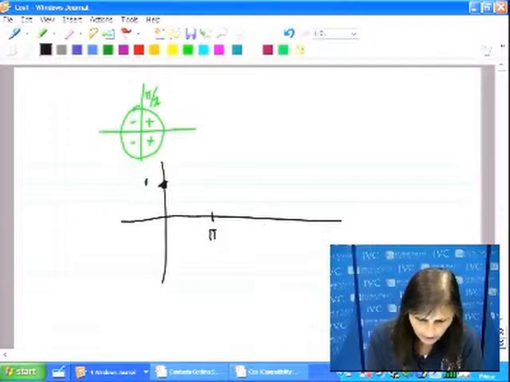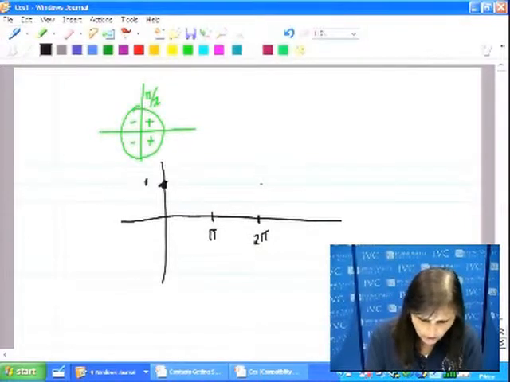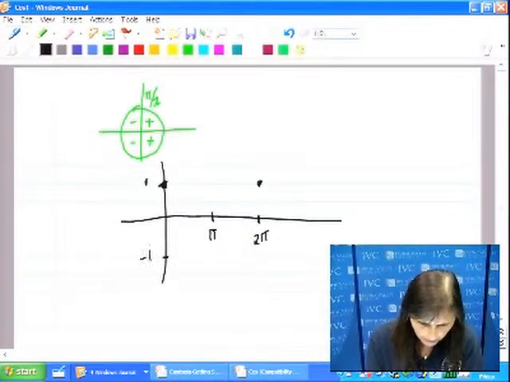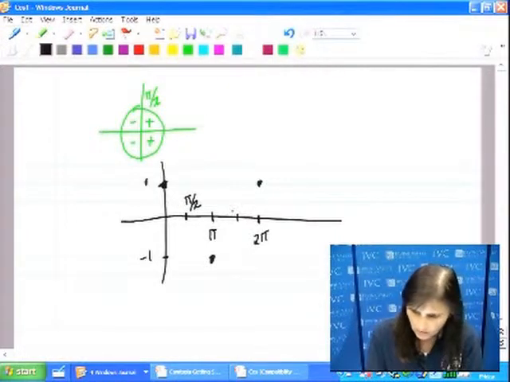Here's my pi, here's my 2 pi. At 2 pi it's also 1. At pi it is negative 1. So it has to go through here, and this is at pi over 2. And this is 3 pi over 2.